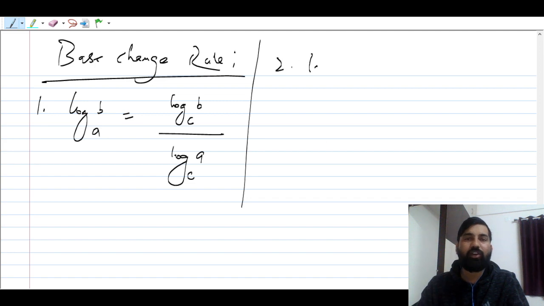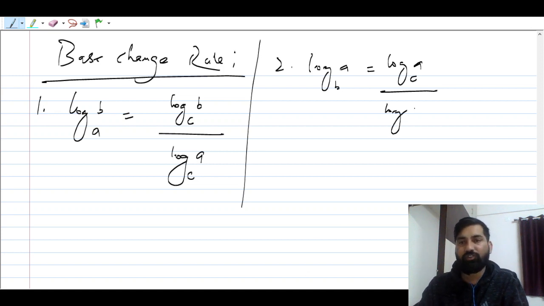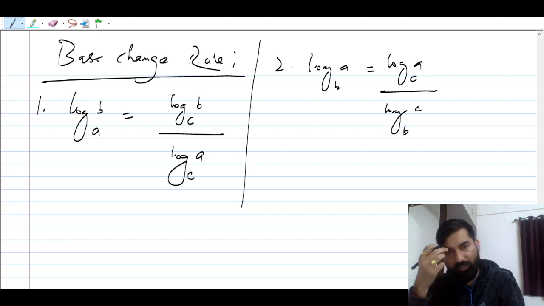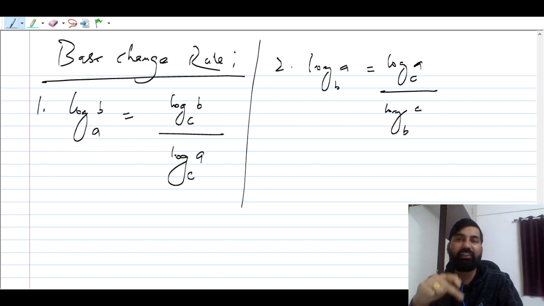Suppose you have the second one, log a base b. If you switch a and b, you can now convert into a new log. So here it will become log a base c upon log c base b. This is also one of the important facts that you keep in mind. So log base c of a upon log c base b.